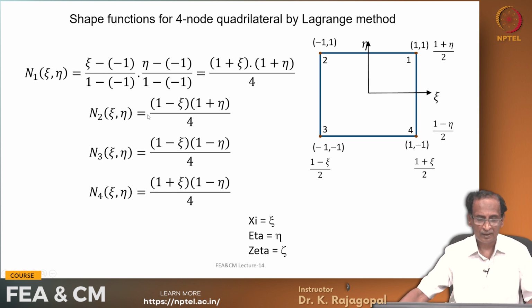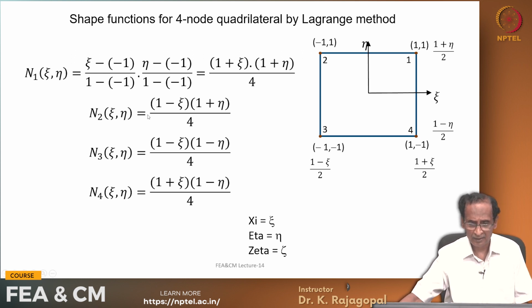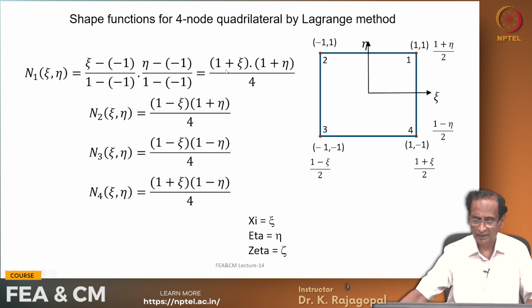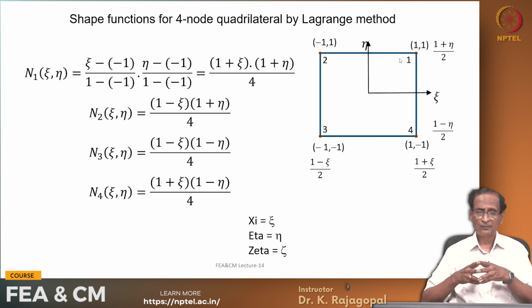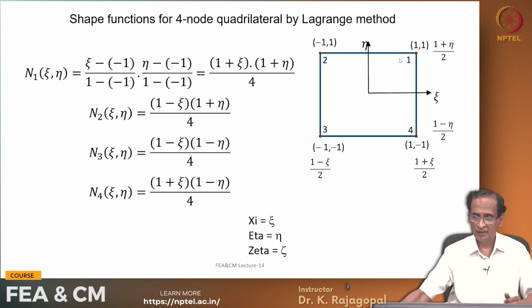So, we can use the Lagrange procedure for getting the shape functions. So, n1 we can get as a function in terms of xi multiplied by a function in eta to get the n1 of xi eta. So, these are the shape functions that we already derived for the bar elements.